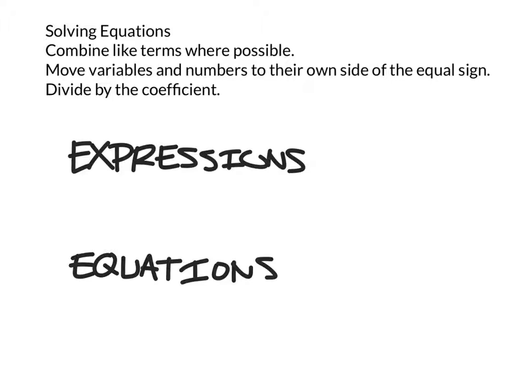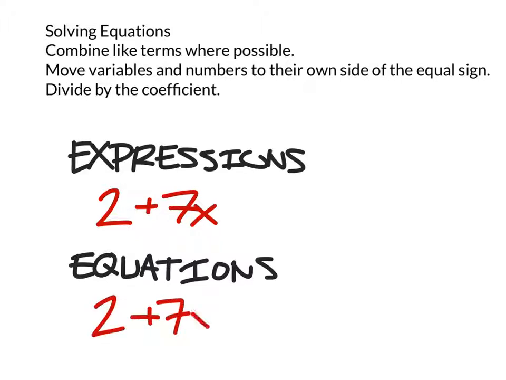If I had an expression, it can be just a number, because we're looking at a math expression, 2. Maybe sometimes we'll add a 7x right here. This is an expression. And an equation differs only like this. Let's say we had the same expression, 2 plus 7x.